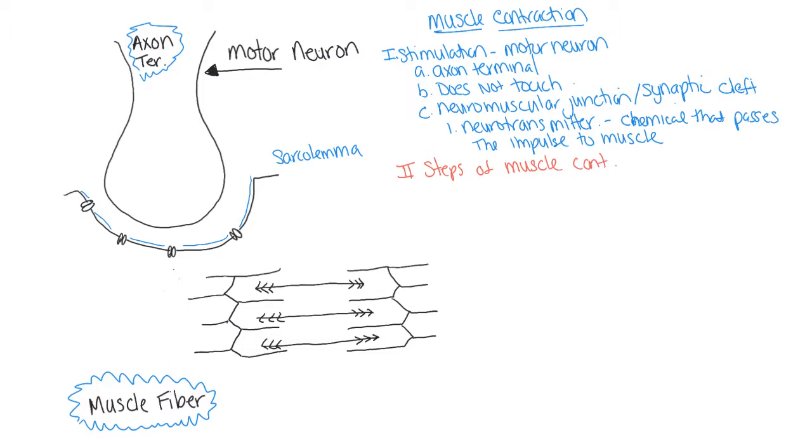For step one, an action potential, or an impulse, moves down the motor neuron to the axon terminal.